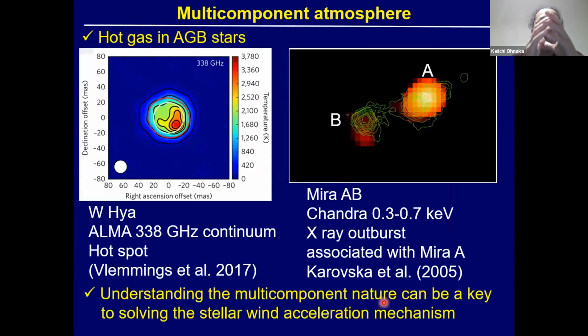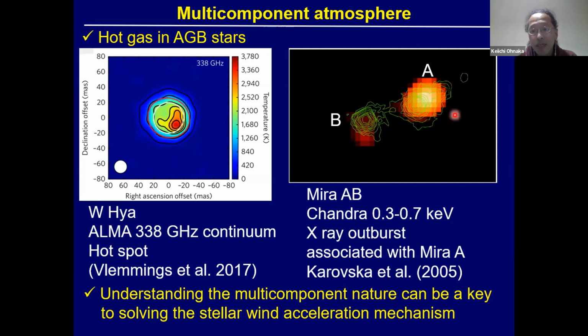But this hot gas is not limited to the red supergiant. It's also present in AGB stars. So the left panel shows the same AGB star W Hydrae taken with ALMA in the 338 gigahertz continuum by Vlemmings et al. And they found a hot spot here over the stellar disk.